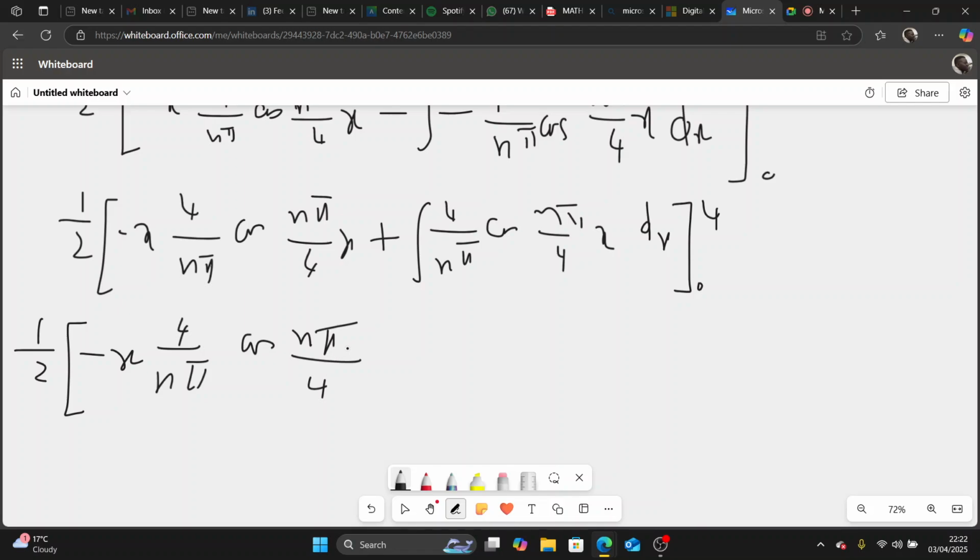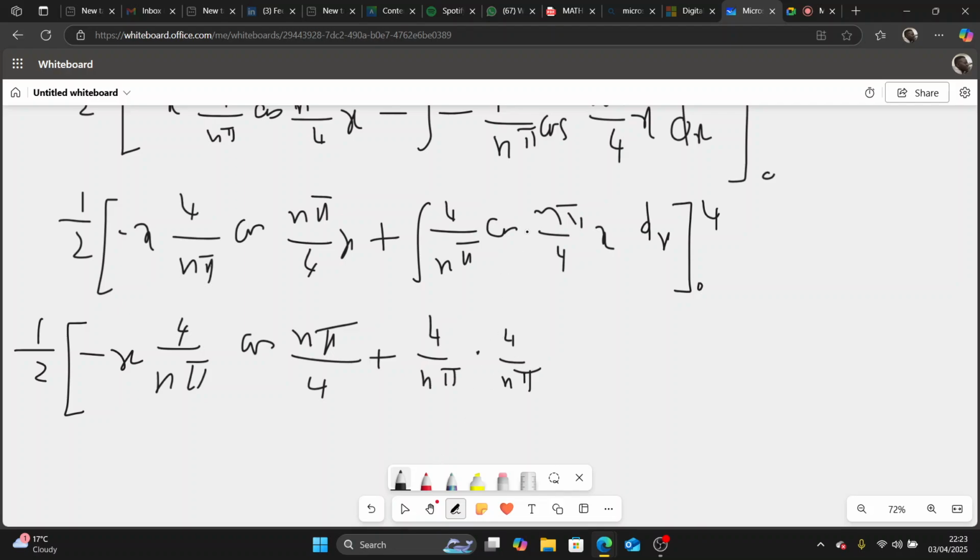I'll load it publicly. Now remember, manager, do you agree I can take this constant out, right? Now, if I have to integrate this, what will I have? Remember, I said we only swap what is on top and what is here. So I will have multiplied by 4 over n pi.